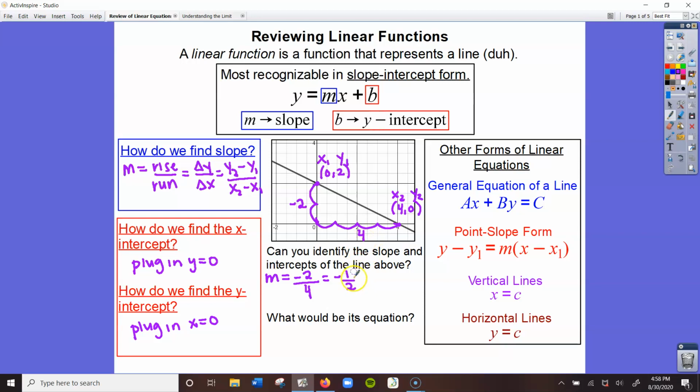If you have a negative slope, that means the line will go down as you read it from left to right, meaning it's decreasing. So this does make sense. If you had gotten a positive slope, that would indicate that your line was increasing, meaning as you read it from left to right, it would go up. So now I have my slope.